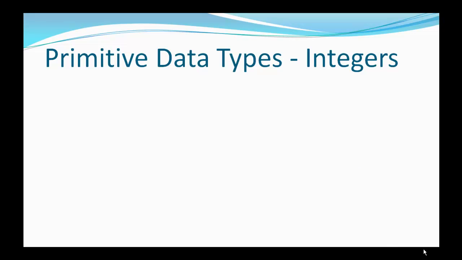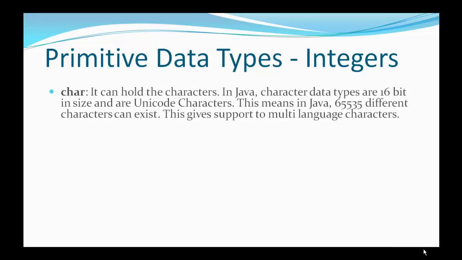The various primitive types available in Java are as follows. Character data type: the character data type can hold characters. In Java, the character data type is 16-bit in size and holds Unicode characters.